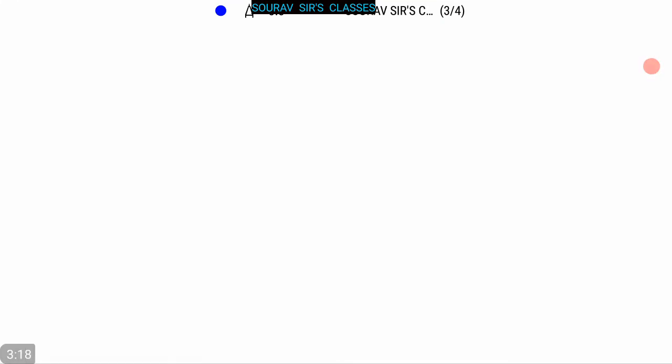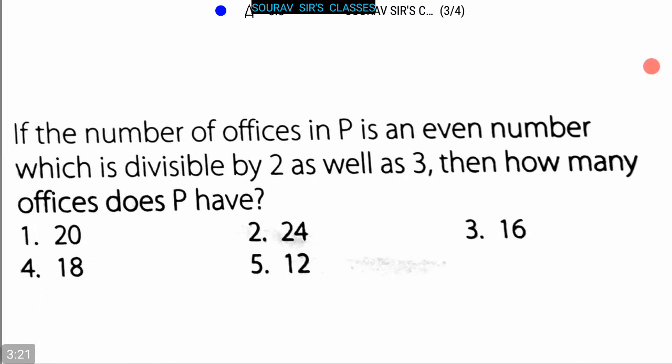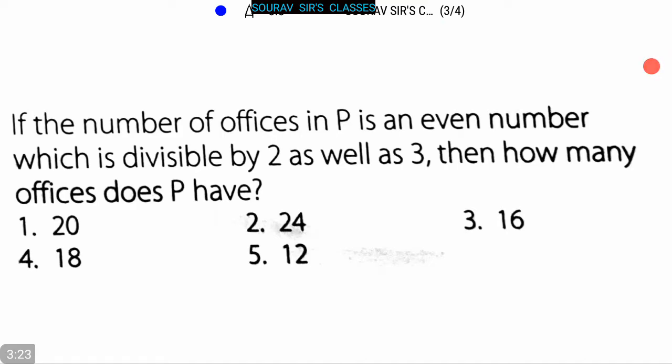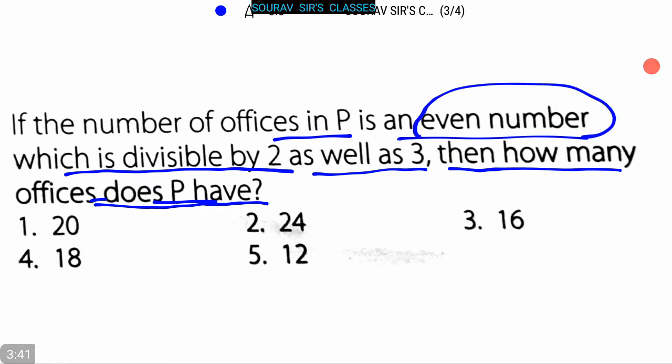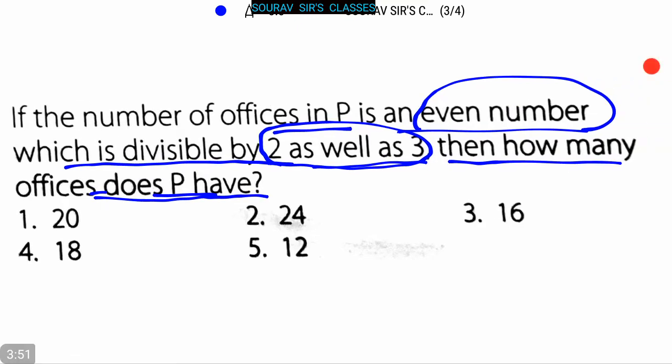Okay. So here is our next question, and the question is, if the number of offices in P is an even number which is divisible by 2 as well as 3, then how many offices does P have? So it is asked that if the number of offices in P is an even number, and the even number is such that it is divisible by both 2 and 3, then how many offices does P have? So let's go to the sequence.